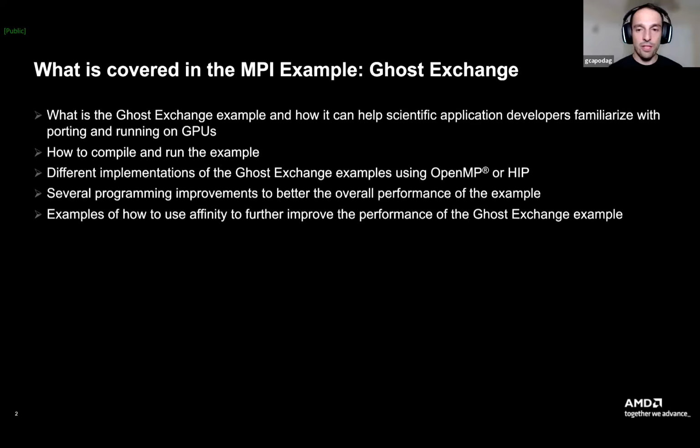For each of these two implementations, there are several versions intended to progressively improve the overall performance of the example, and we'll talk about what each of these does. And then I'll discuss how affinity can further improve the performance of the example without any code changes.